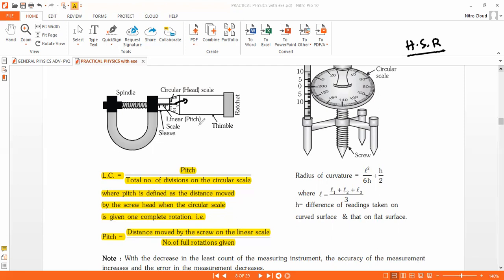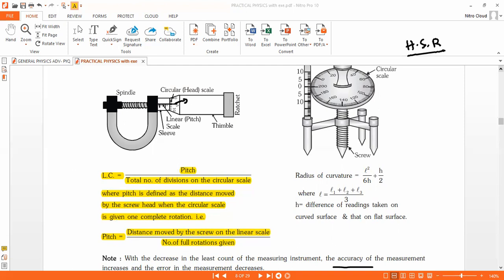After that, in the pitch scale, one of the divisions will exactly coincide with a head scale division. Now here you can see the pitch scale reading: the distance moved by the screw on the linear scale. How much distance it has moved by number of rotations.